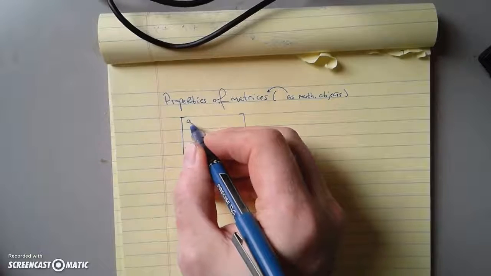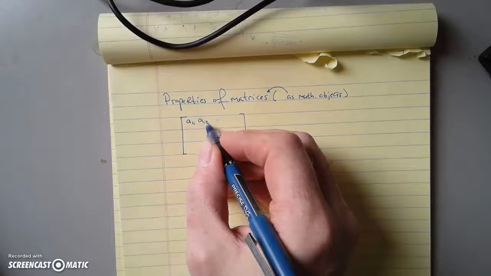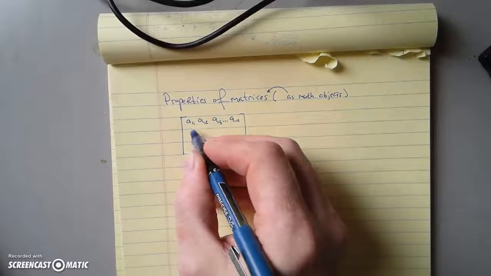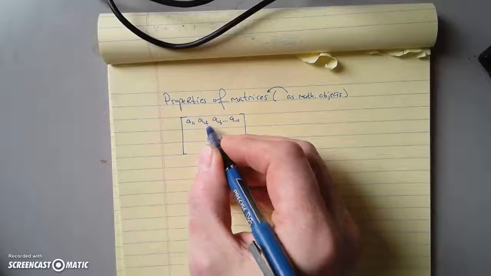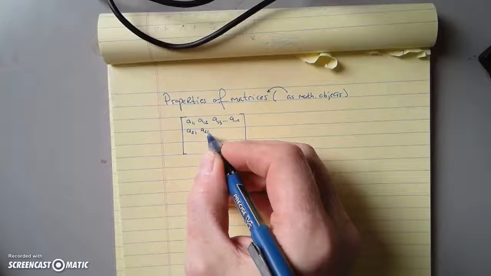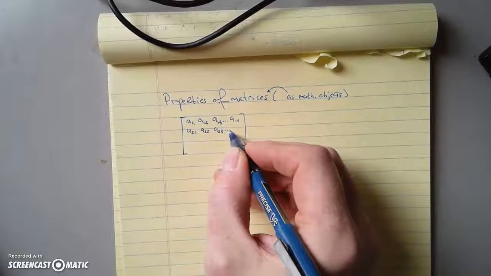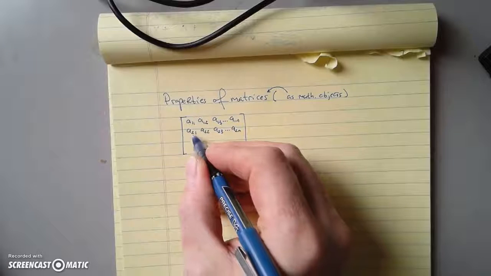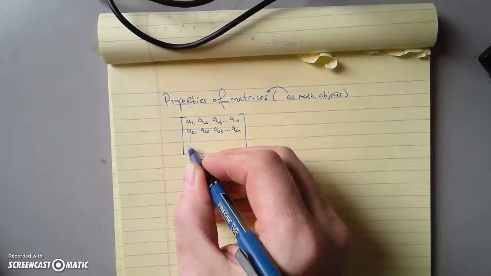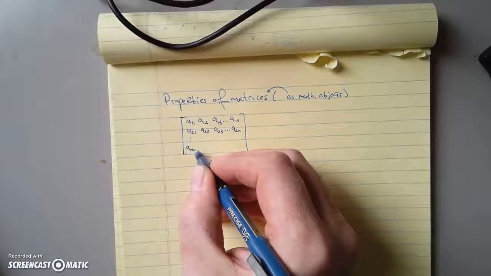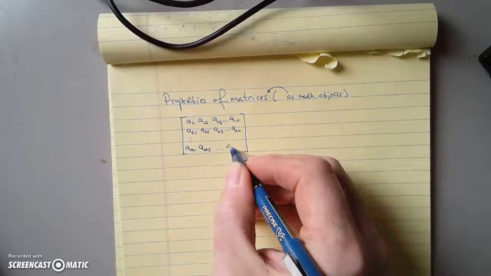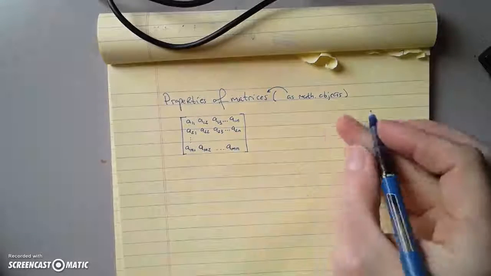A matrix is full of entries. A11, A12, A13, dot, dot, dot, A1n: first row, first column, first row, second column, first row, third column, etc. A21, A22, A23, dot, dot, dot, A2n: second row, first column, second row, second column, second row, third column, dot, dot, dot, to the mth row, first column, mth row, second column, dot, dot, dot, mth row, nth column.